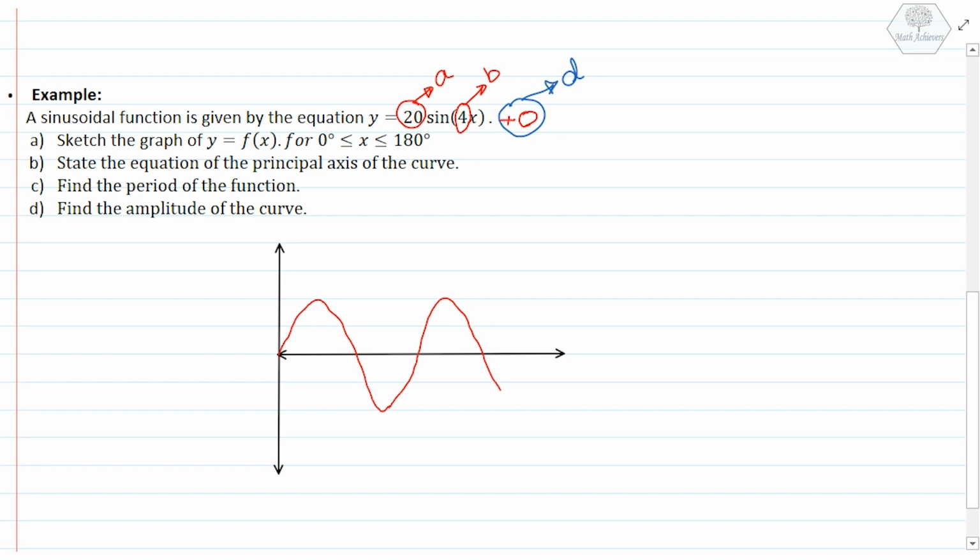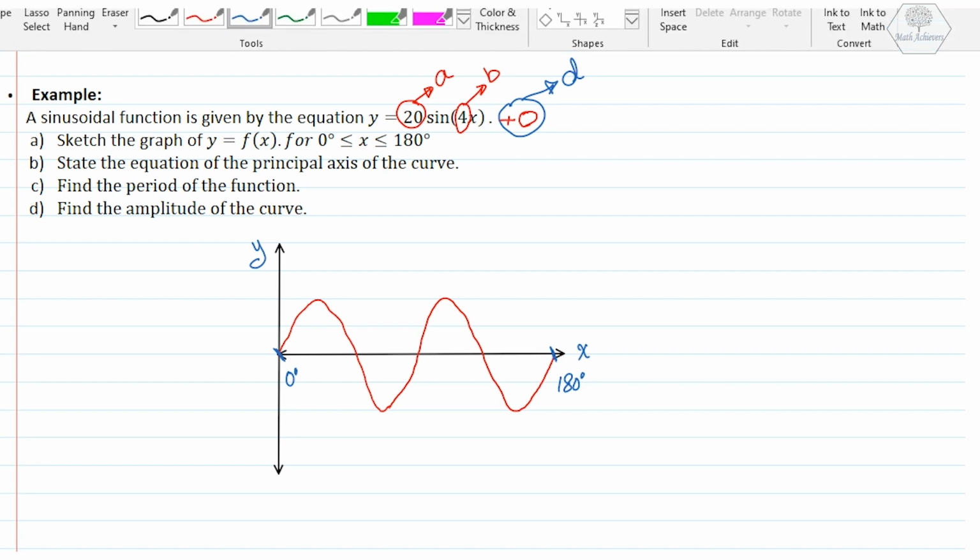Another full rotation again. The x values are from 0 to 180. This is 0 degrees, and the maximum value is 180 degrees. This is the x, and this is the y value.